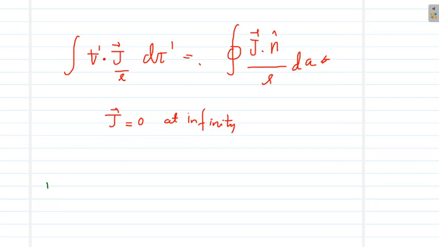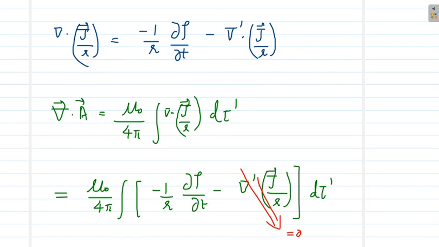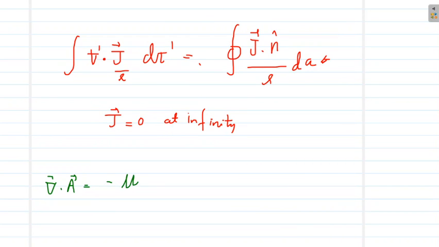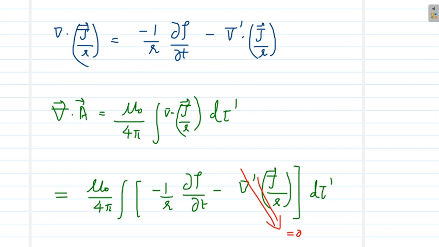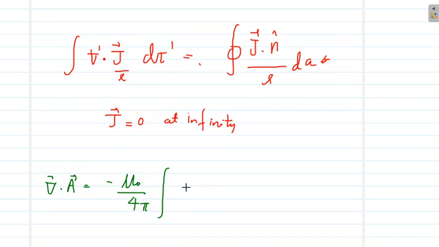So we have del dot A is equal to minus mu 0 by 4 pi into integral 1 by r into dou rho by dou t into d tau dash.